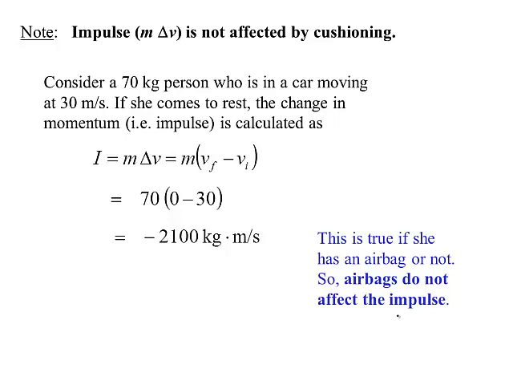Delta v is final velocity minus initial velocity. You work that out, you get negative 2100 kilogram meters per second. Notice in that formula there's no mention of time or force. That is the impulse, the change in momentum. This is true whether she has an airbag or not. Airbags do not affect the impulse.